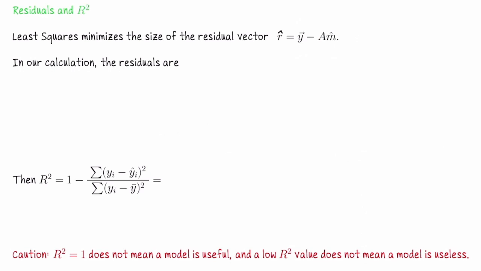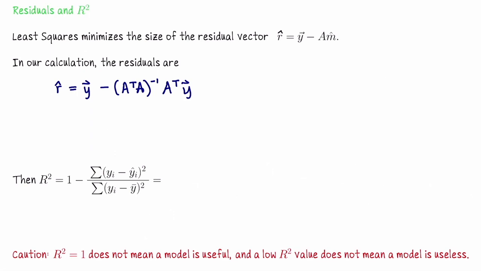Or if you wanted to avoid the new notation m and give a formula which is expressed entirely in terms of y and A, the objects we started with, what you could say is r is going to be y minus (A transpose A) inverse times A transpose y. Oh wait, that's not quite correct, because (A transpose A) inverse A transpose y is just the coordinates of m.